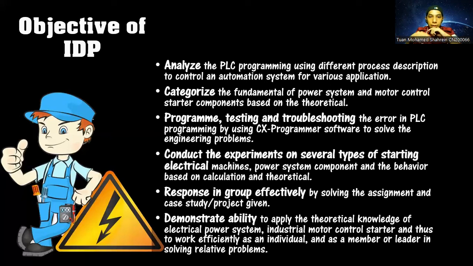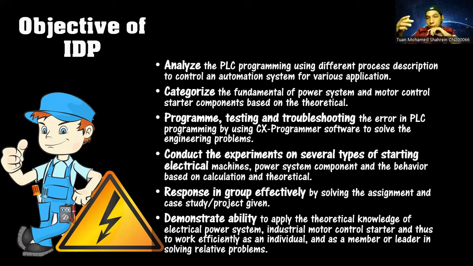Next is to conduct experiments on several types of starting electrical machines and power system components, and their behavior based on calculation and theory. Next is to respond effectively in a group by solving the assignments and case studies in the project given.